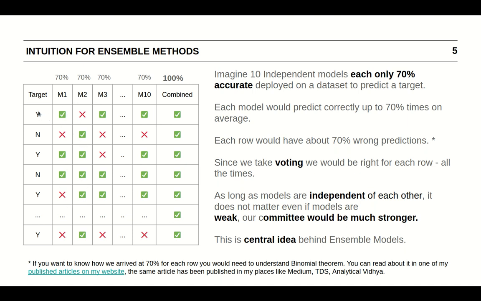So while the first row is predicted correctly by model 1, model 2 might predict that incorrectly and might predict other rows correctly. But on average, given all the data, each model predicts the targets correctly 70% of the time.